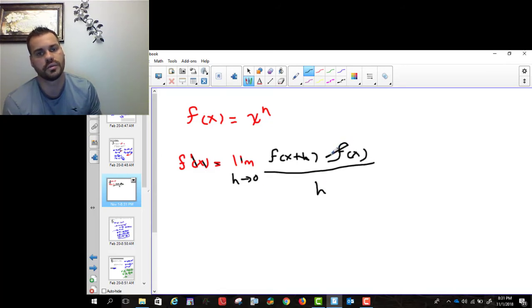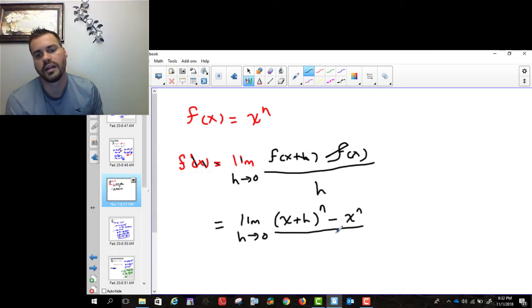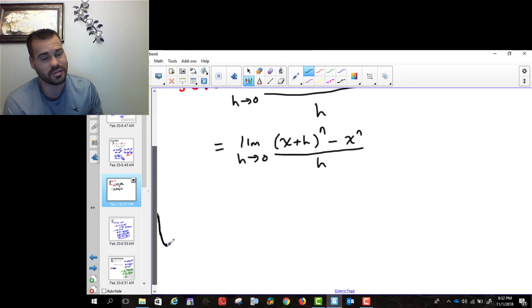I apologize for these weird lines. So what we're going to do is plug in, and we're going to get the limit as h approaches 0 of x plus h raised to the nth power minus x to the nth power, divided by h. And then what we're going to try to do is expand x plus h to the n.